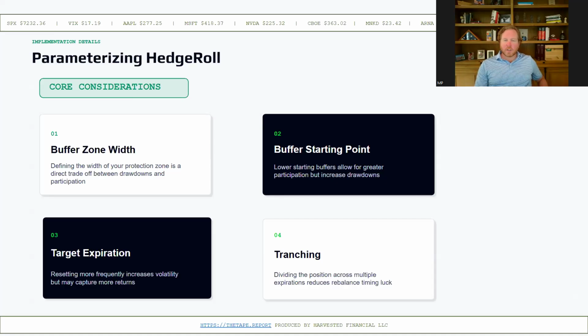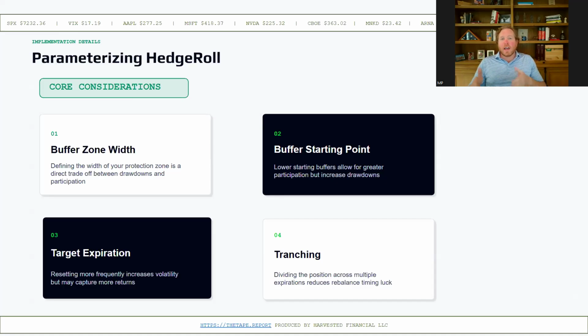The fourth element in terms of parameterizing a hedge roll, and this is a unique feature that we have over at Harvested and at the tape, is the ability to tranche the position across several different months. Rather than having all your option structure sitting at a 3 month period and then expiring all at once, we layer that out across 3 different months.